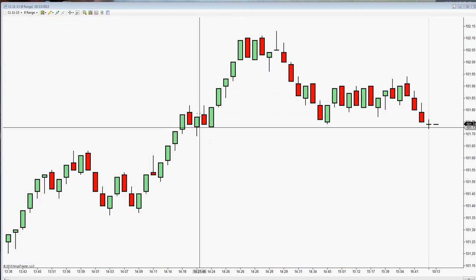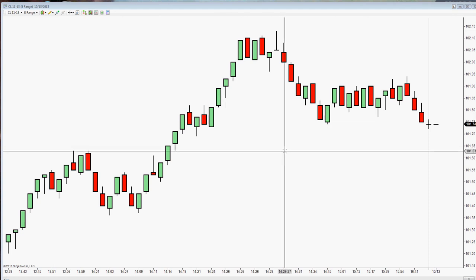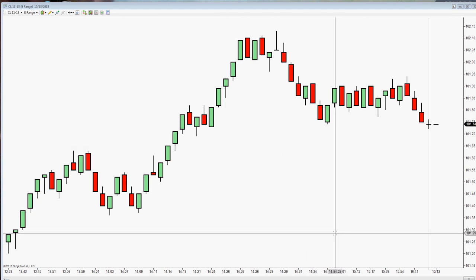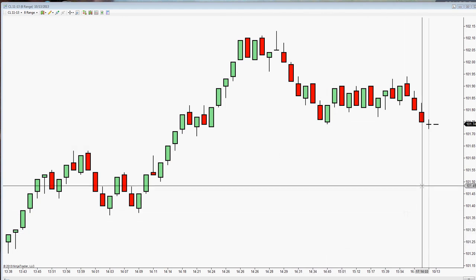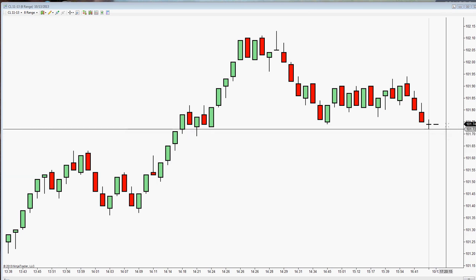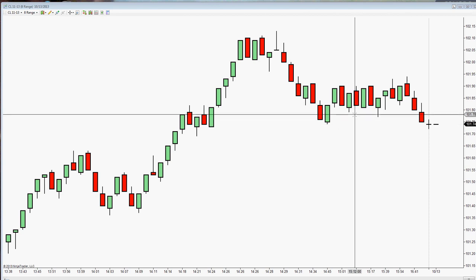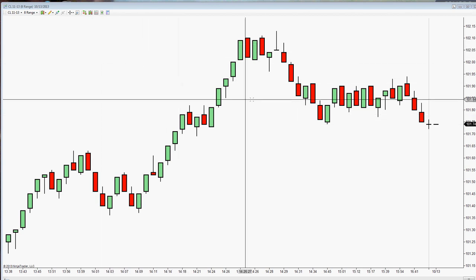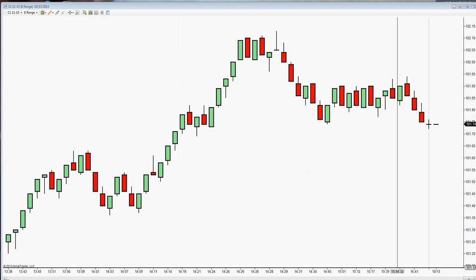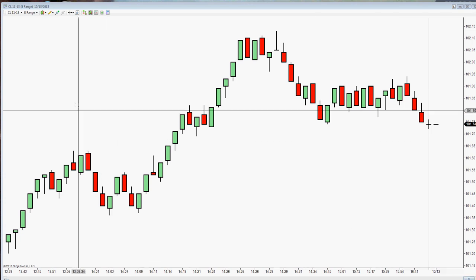Now here's our blank workspace. This is crude oil, and this is actually a Sunday, and the market's live. It's just moving. Actually, the market will be live fairly shortly. And what I trade is an 8-range chart.